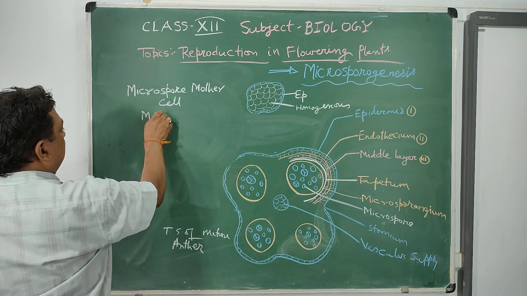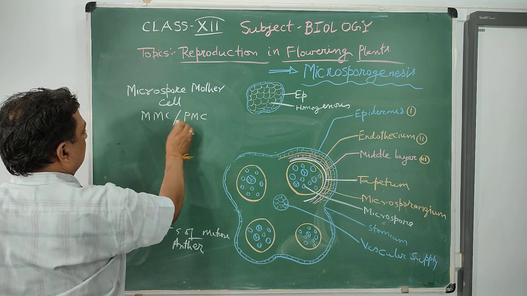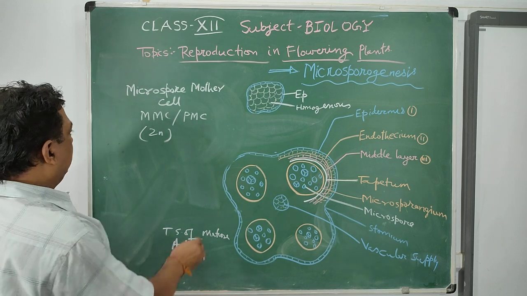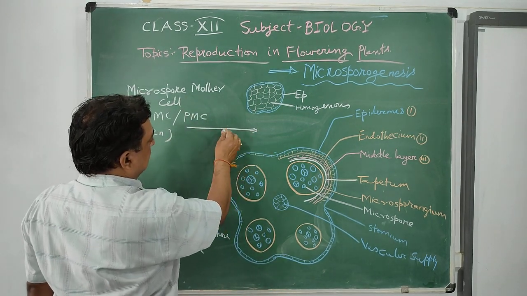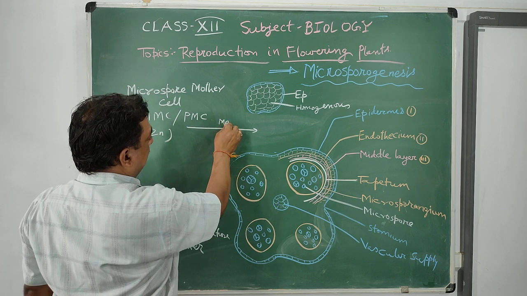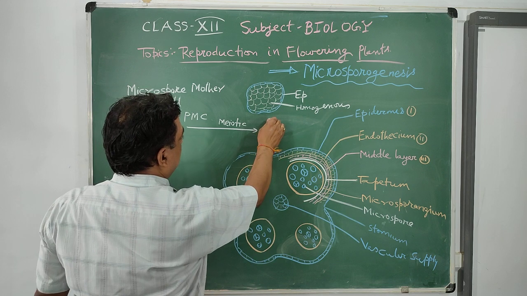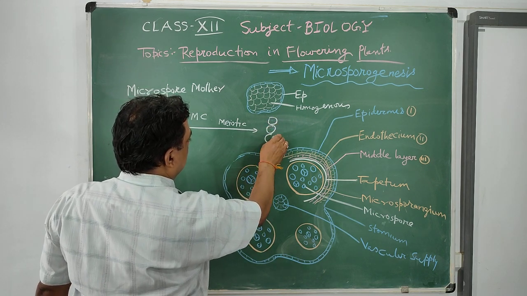In short it is MMC, also known as PMC, pollen mother cell. This is diploid in nature, and the nucleus of the microspore mother cell undergoes meiotic division to form 4 microspores.